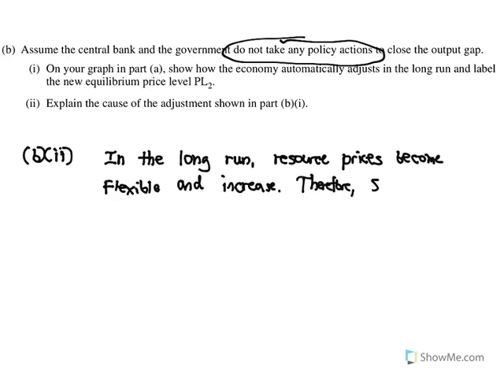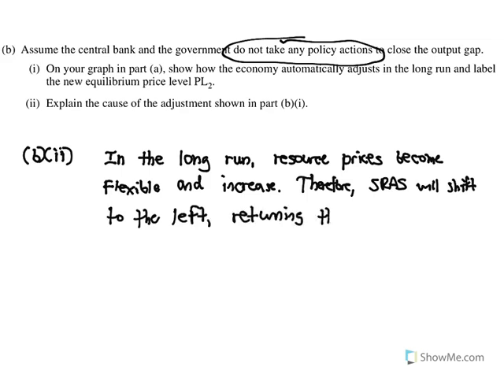Therefore, SRAS will shift to the left, or decrease, returning the economy to full employment. I almost put unemployment, that's not right. Employment. There you go. So in the long run, resource prices become flexible and increase, and then we move SRAS to the left, returning the economy to full employment. And that is letter B.